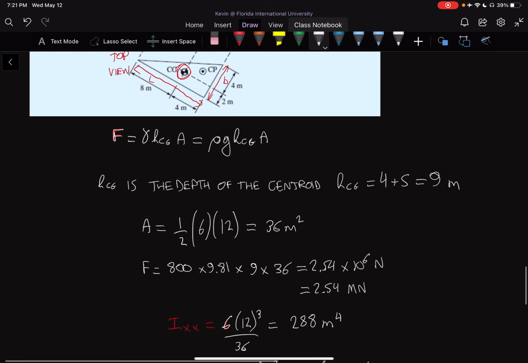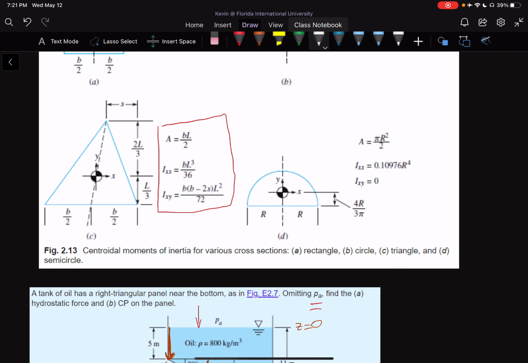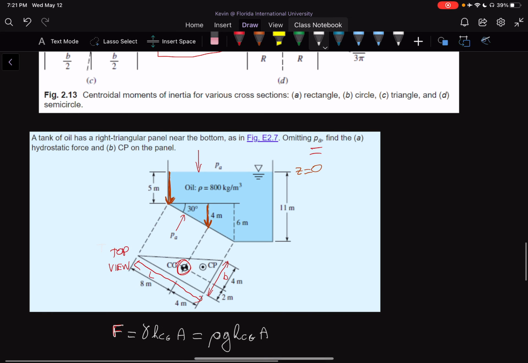What would S be? In the case above, S is just the width from the top of the triangle to its side. So in our case, S is actually the same as B. S is just this length from here to the side of the triangle.